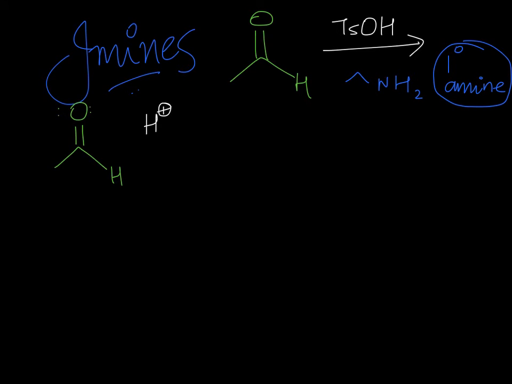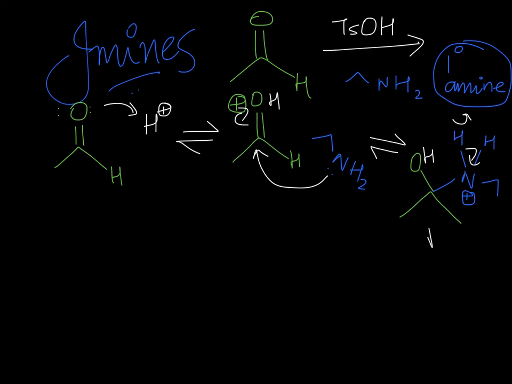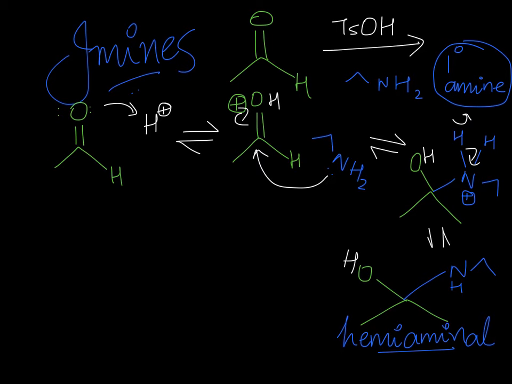Start by protonating the oxygen, and then attacking with your amine to get your tetrahedral intermediate. And let's deprotonate that nitrogen to get rid of the positive charge, just like we did with the oxygen last time, giving you this, which is, guess what? A hemiaminal, which is pretty much half of an imine, the same thing we did with acetals.